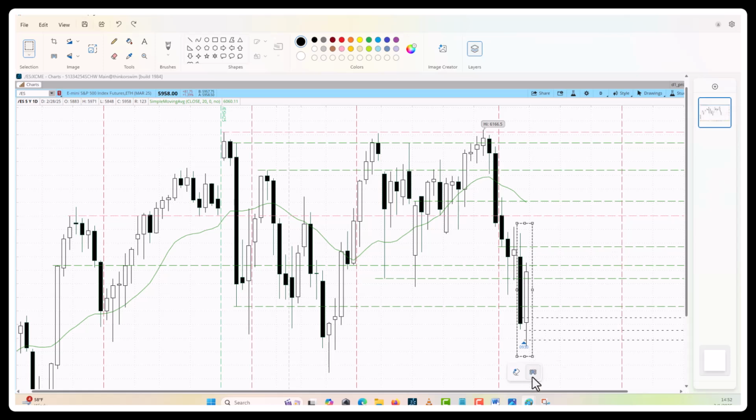So we wanted to remove background. No. We want to remove this one. Okay, let's go for now.